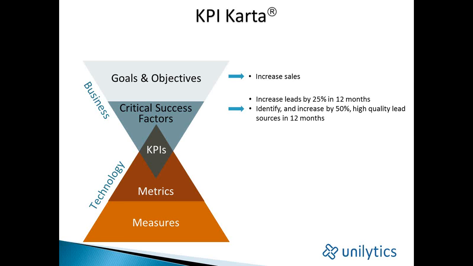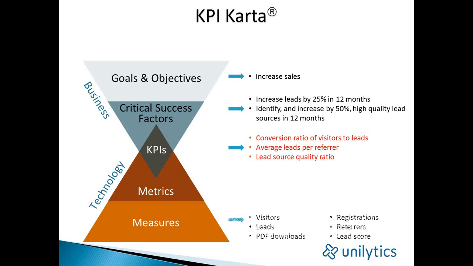It's never guaranteed, but if we're tracking that number of leads and it's increasing, we're probably going to hit the sales numbers. The other one might be to identify and increase by 50% high-quality lead sources in 12 months. The KPIs then become conversion ratio of visitors to leads, average leads per refer, or lead source quality ratios.